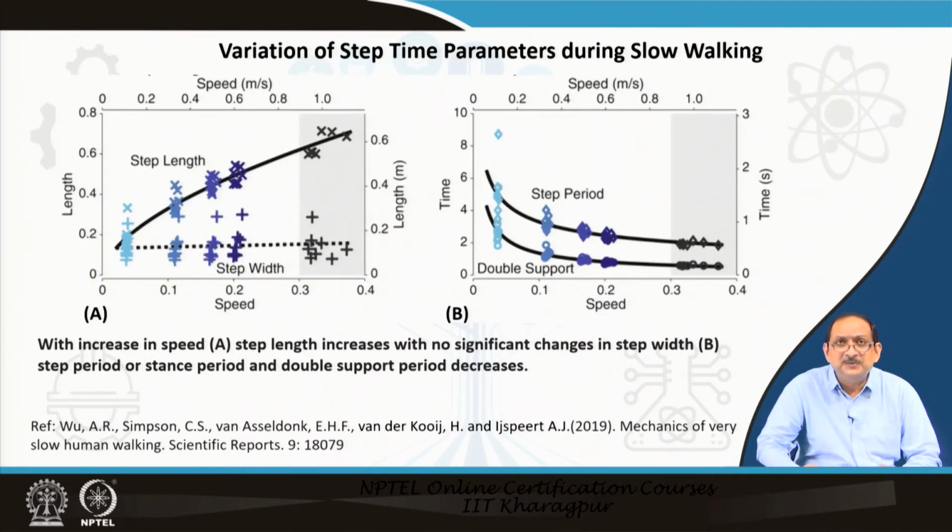Now, the variation of step time parameters during slow walking has been investigated in detail quite recently, and we would like to discuss briefly the effect of increase in speed on step length, step period, double support, the various parameters that govern the gait cycle.